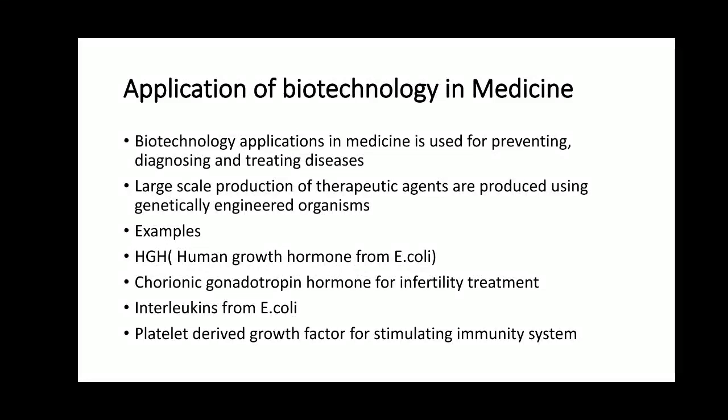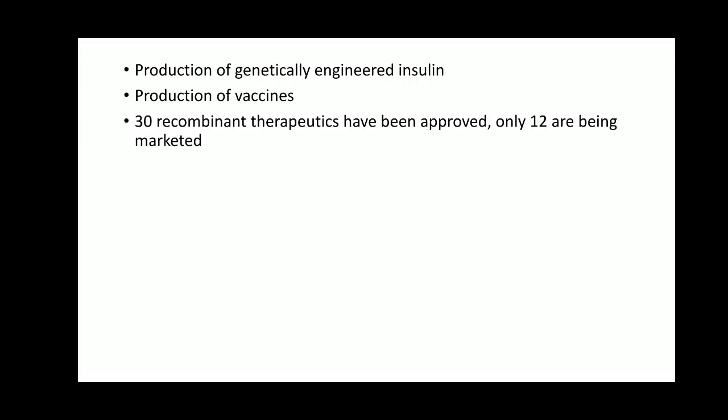Genetically engineered insulin is also produced from E. coli cells and used to treat diabetes. Vaccines for influenza virus and hepatitis A and B are also being produced using biotechnology techniques. Not only vaccines, there are a great number of biotechnological products being produced.